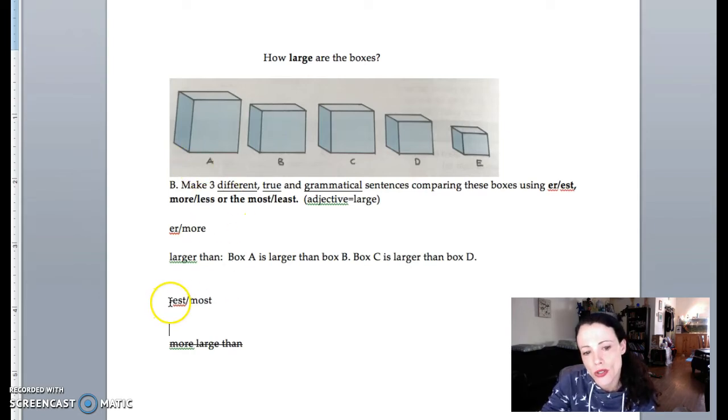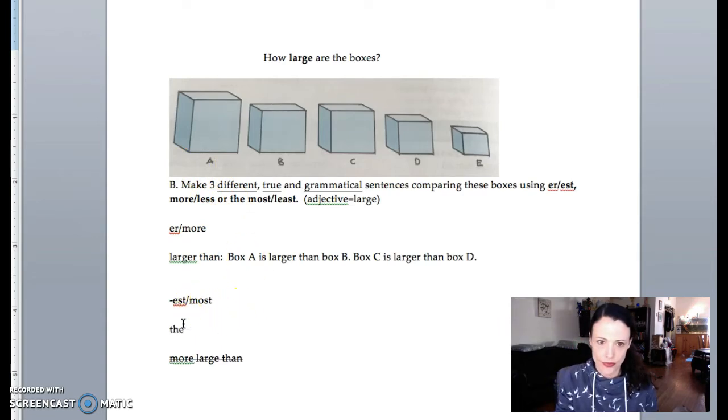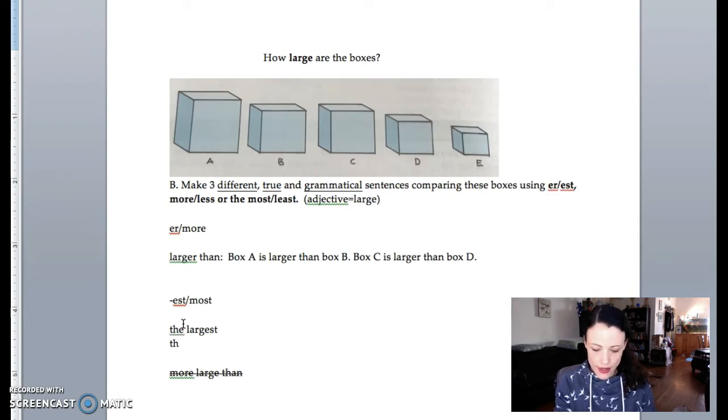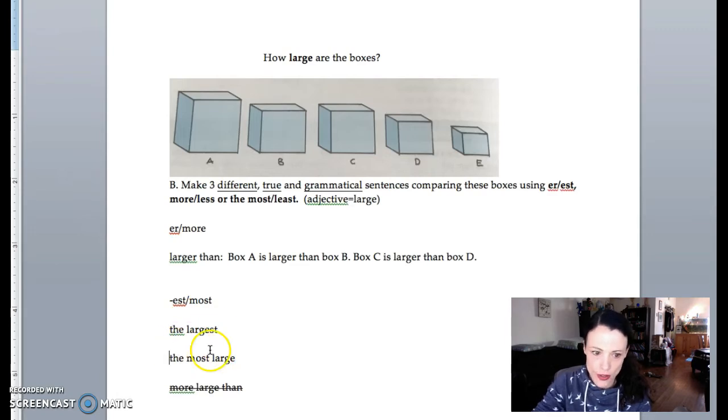So we have to choose again between EST and most. So are we going to say the largest, or are we going to say the most large? Again, with the one-syllable adjectives, we choose the top one, right? So we're not going to say the most large. That is not possible.